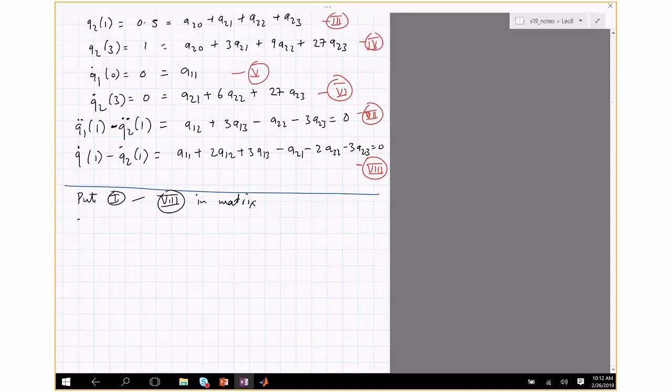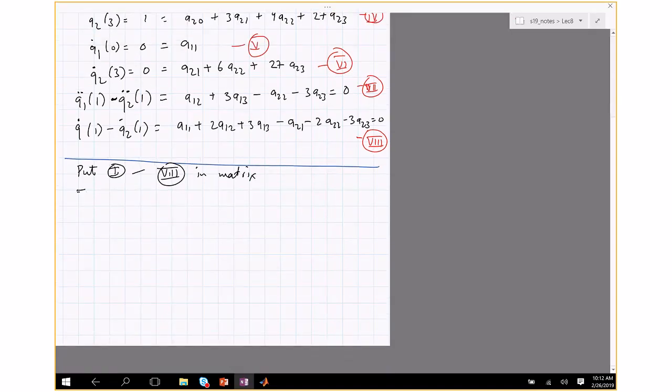So I need 8 rows for the matrix, and 8 columns, because I need to have 8 unknowns. And then what sits here is A10, A11, A12, A13, A20, A21, A22, A23.